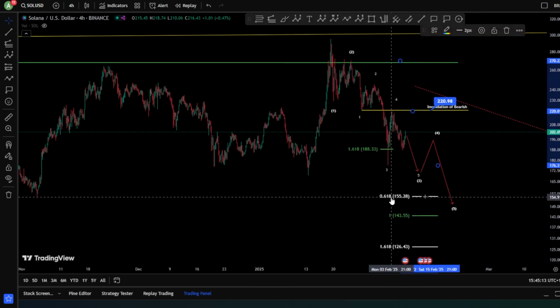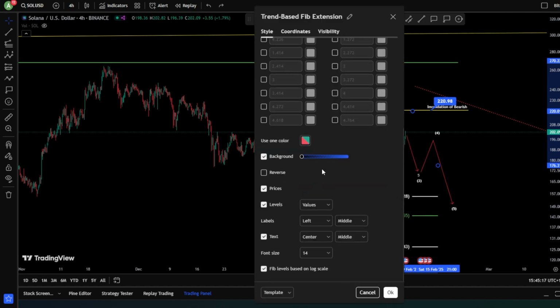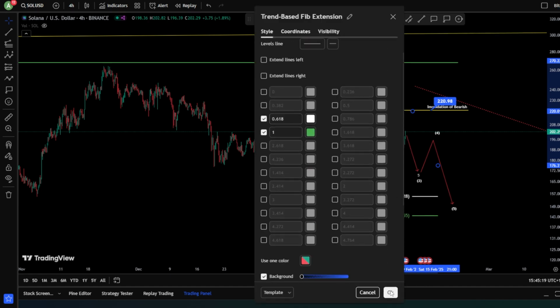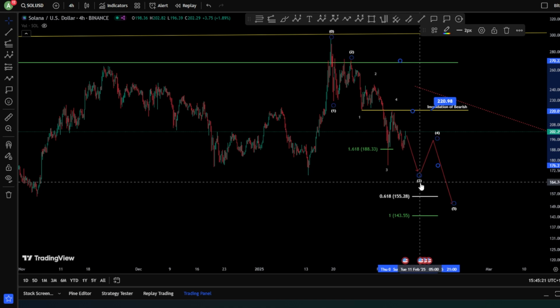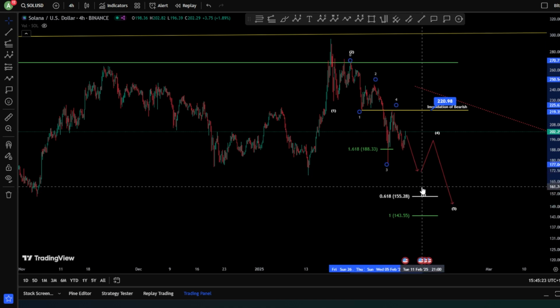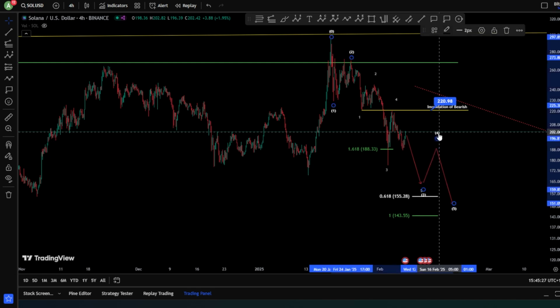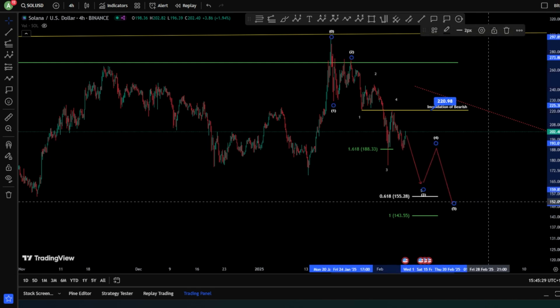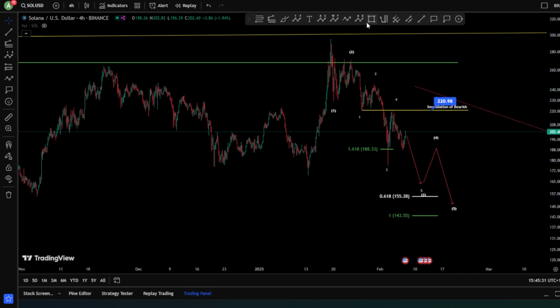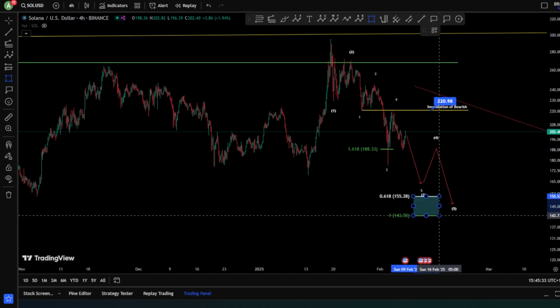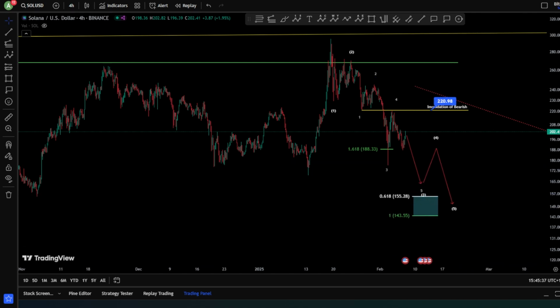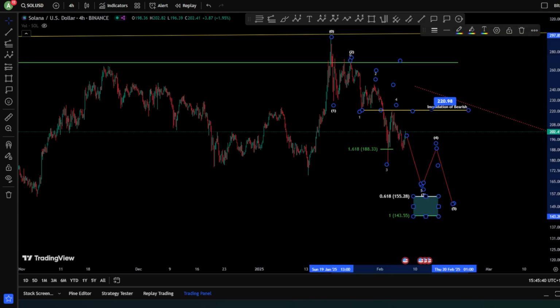But first, let's touch the 0.618 because we have double 1-2 here. So it's very probable that we're going to reach this one first as a wave 5 here. And then continuation for higher, and then moving less for a wave 5. So these are our targets. This is our blue zone here, where we are looking for a target for the next price action for Solana.